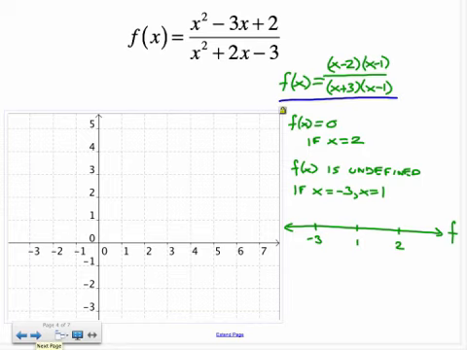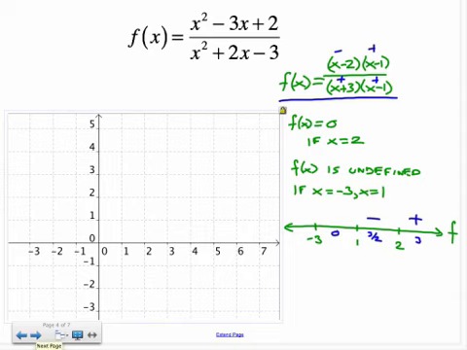If I use x equals 3, for example, I'm going to get positives all around, so that's going to be a positive. I have to use a number between 1 and 2, so 3 halves, or 1.5, is an example. This will be a negative, and these will be positive, so overall we'll have a negative.